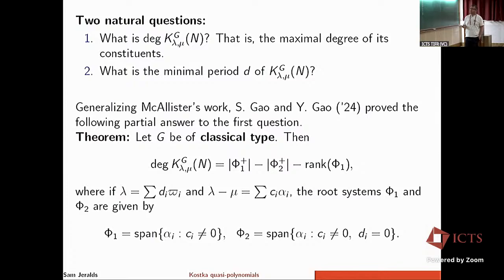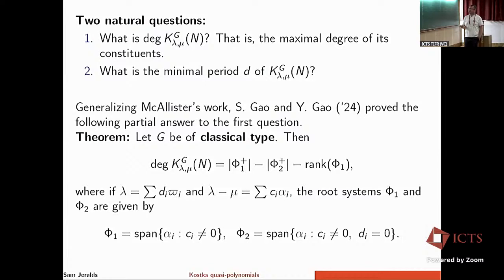And then for the second, you just take a subroot system of that where you remember the vanishing of lambda in the fundamental weight basis. And then the rank of the first one. So like the stretched Kostka polynomials, we get a perfectly explicit closed formula, and all it's really depending on is lambda.